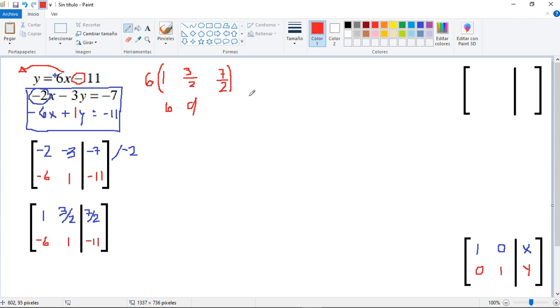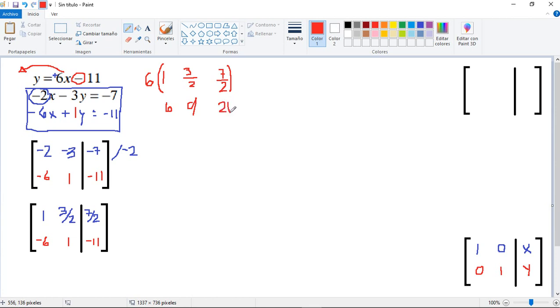So 6 times 7 equals 42 halves. Yeah, because why halves? Because if we put 1 into here, it's the same, and 1 times 2 equals 2. Okay? And 42 divided by 2 equals 21. Okay? So 21.